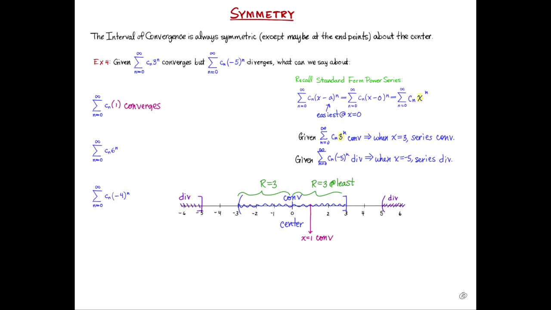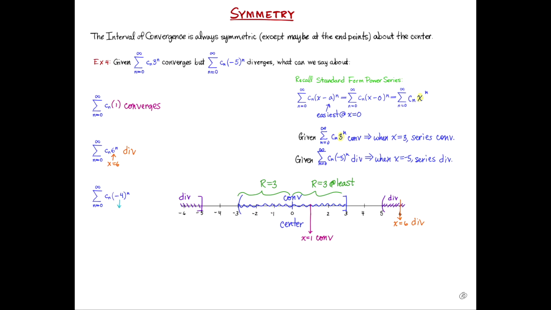For the next series, we have c sub n times 6 to the n. That means that our x value is 6. Going over to our number line, we can see that when x is equal to 6, we're in the interval where the series has to diverge. That means that our series, c sub n times 6 to the n, diverges.